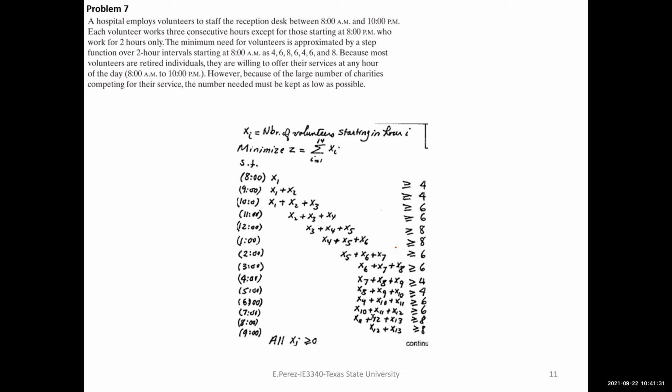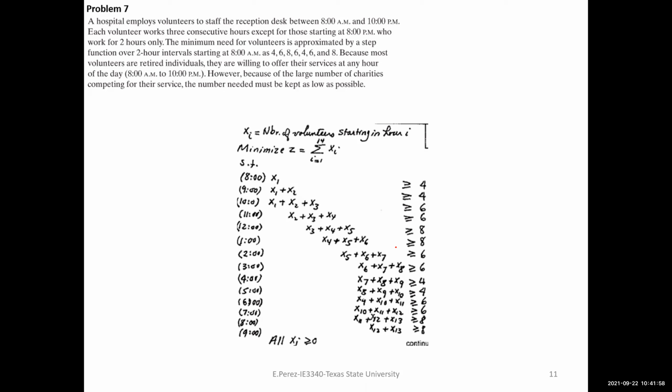So the idea is, again, you have a step function of 2 hours starting at 8 a.m. and it goes 4, 6, 8, 6, 8, 4, 6, and 8, because most volunteers are retired individuals that are willing to offer their services at any hour of the day. However, because of the large number of charities competing for their service, the number needed must be kept as low as possible.